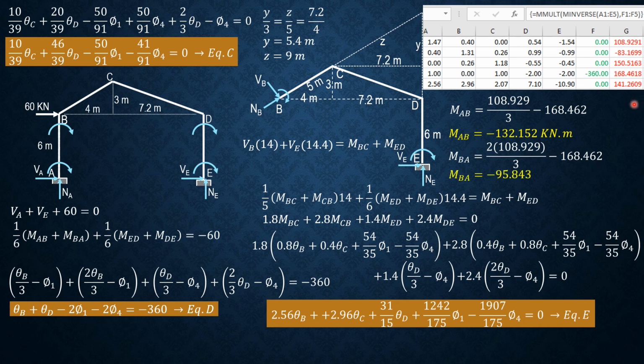MBA equals negative 95.843 kilonewton meter. Therefore, MBC is positive 95.843 kilonewton meter. And let's continue with MCB, MCD, and so on and so forth on the next slide.